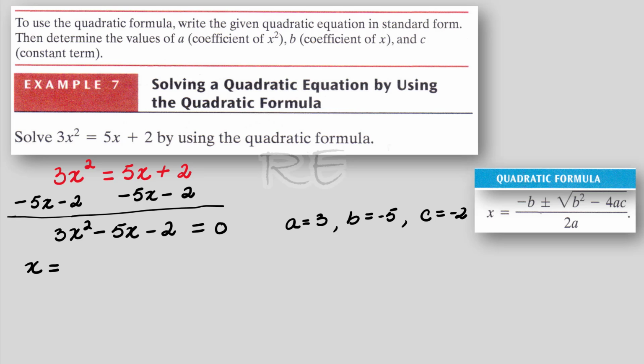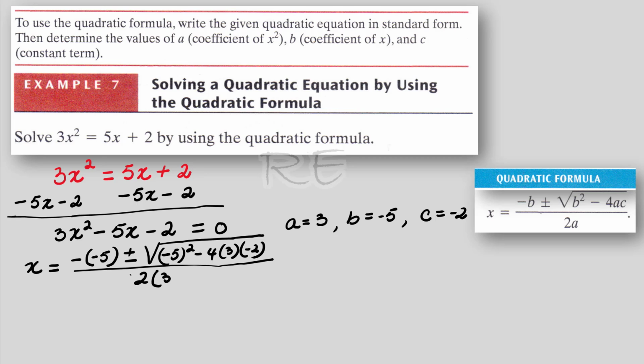x therefore is equal to minus b, minus negative 5, plus or minus the square root of b squared, negative 5 squared, minus 4 times a, which is 3, times c, which is negative 2, divided by 2 times a, so it's 2 times 3. x is equal to minus negative 5, which will be plus 5, plus or minus the square root of 5 squared, which is 25.